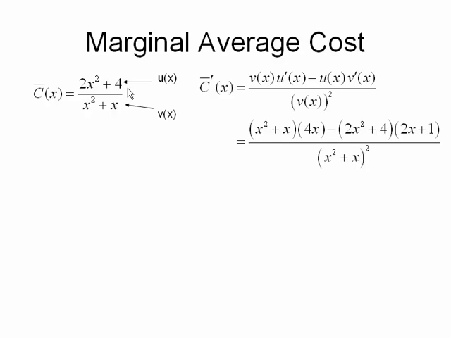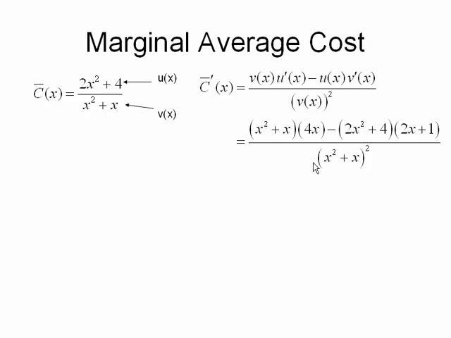Derivative of 4 will be 0, so that's just 4x, minus u, 2x squared plus 4, times the derivative of v, so the derivative of x squared plus x is going to be 2x plus 1, so I'll go ahead and put that in place of v prime, and on the bottom we have v squared. So we've done the derivative here. That's our marginal average cost function, but I want to demonstrate a little bit how we can simplify these things.